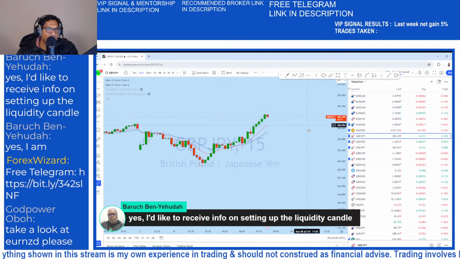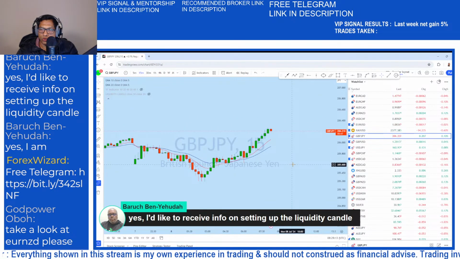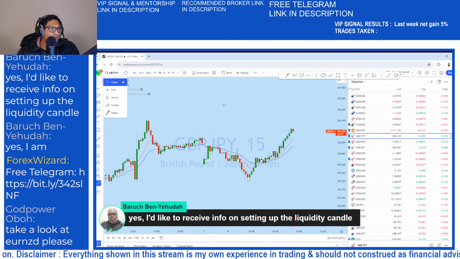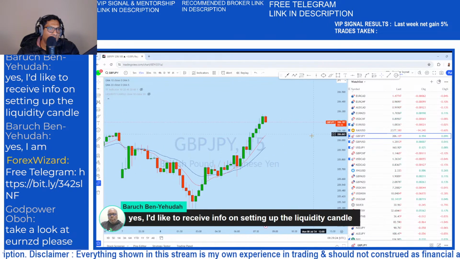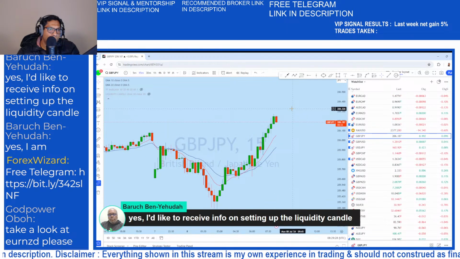So looking at the 15-minute chart, I'm dropping down to the day trading perspective, the lower time frame. And with this drop on GBPJPY, pretty smart movement here.